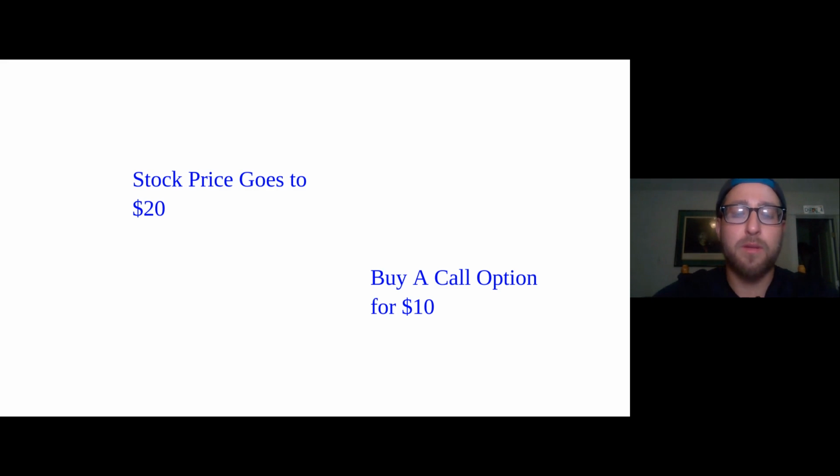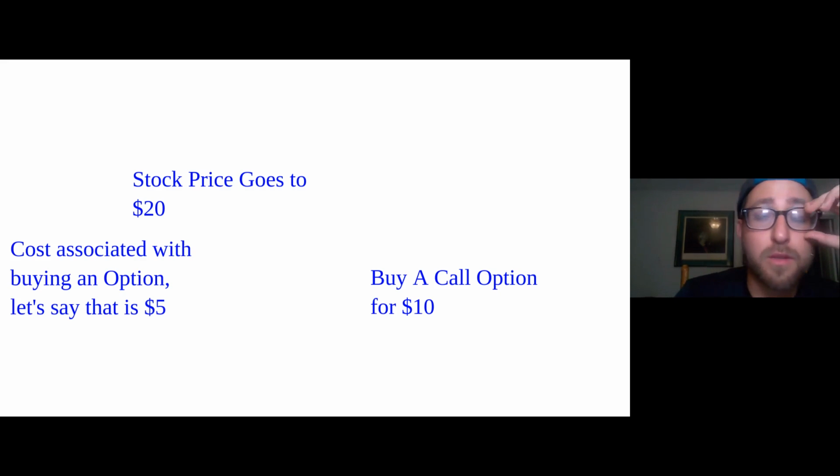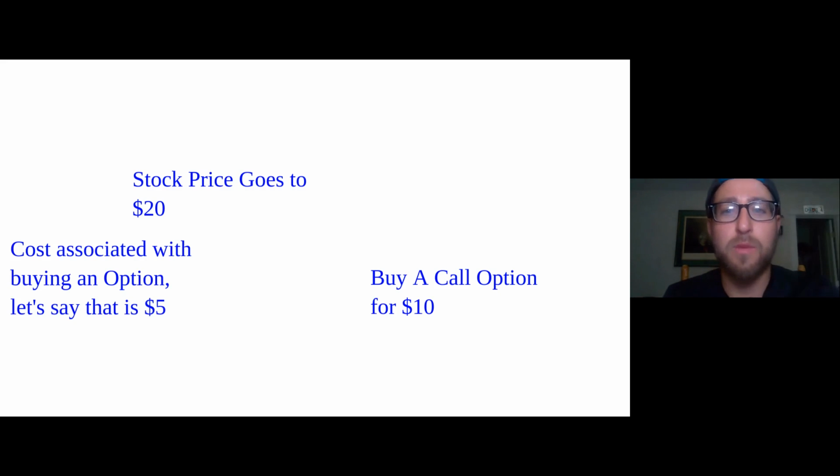But remember, there's actually a cost associated with buying an option. Let's say that is $5. So we would be in the money by $5 because we bought for 10, it cost us 5.